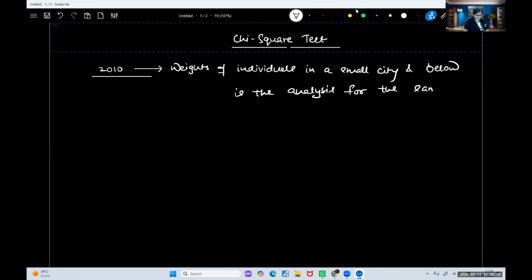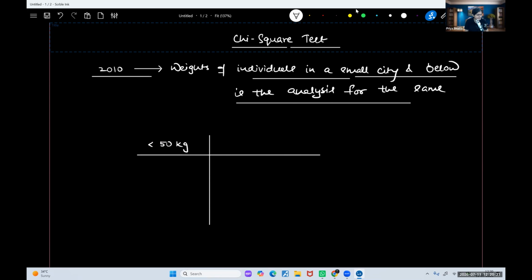तो हमने 2010 में एक शॉर्ट एनालिसिस किया एक छोटे से शहर में, और हमने ऑब्जर्व किया कि there are 3 types of people which lie under the first category as less than 50 kg weight.